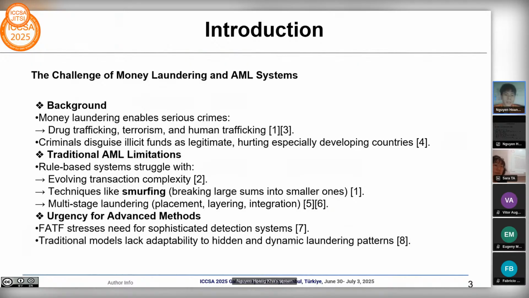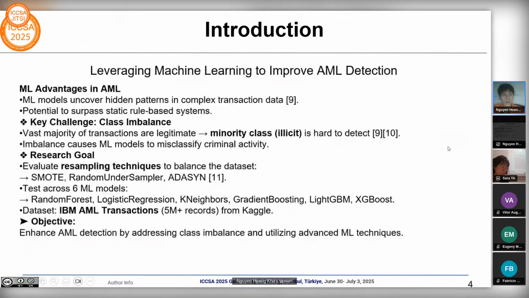Techniques like smurfing, breaking large sums into smaller ones, and multi-stage laundering, from placement, layering, integration. So there is urgency for new methods, for sophisticated detection systems. The traditional models lack adaptation to hidden and dynamic laundering patterns. So we leverage machine learning to improve AML detection.